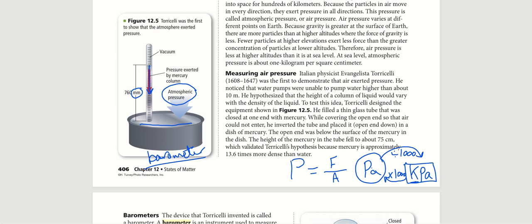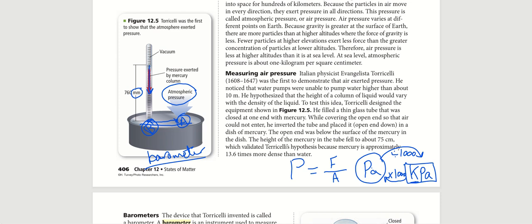Until it will stop. Stop means there is a rule in fluid, generally fluid, whatever it is, liquid or gas. If liquid is at the same level, that means they have the same pressure. That means point A here has the same pressure as point B, because it stopped falling down.